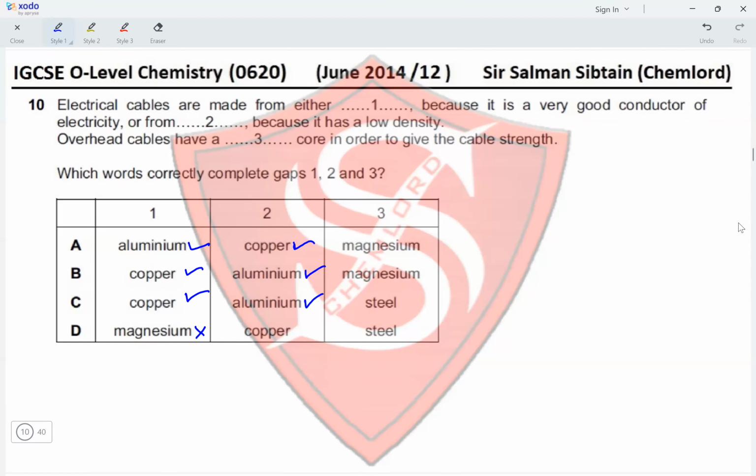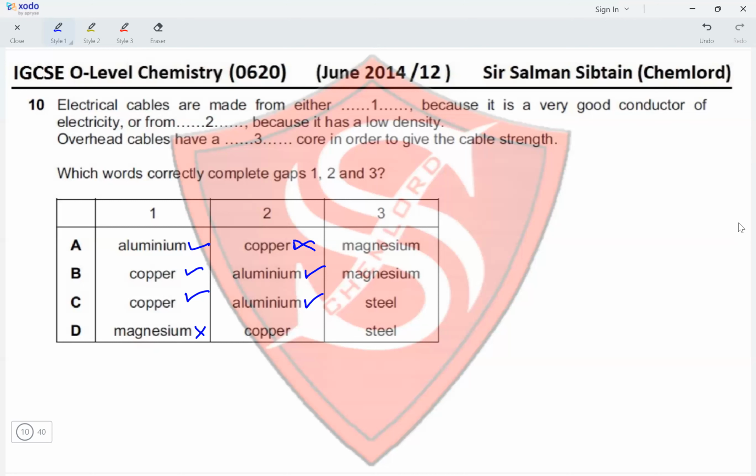So we continue with all three options because it has a low density. So now the low density is true for aluminum. So this eliminates option A, which has copper.